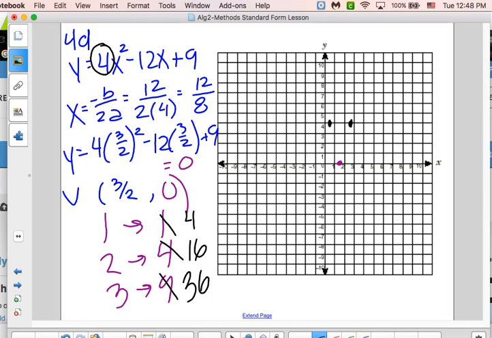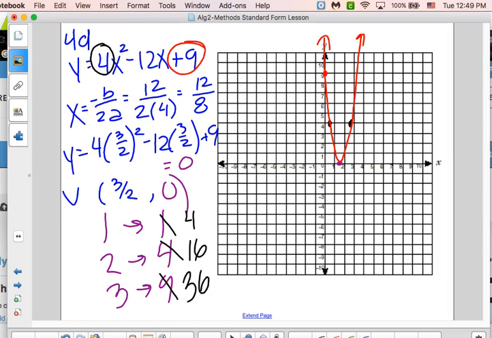Yeah. If you want help, and you're not sure if you're going to connect this through right, this point right here, what is the positive 9? Your y-intercept. So you know that it's a point up there. So if you just want another guide point to help get you through it, there you go.